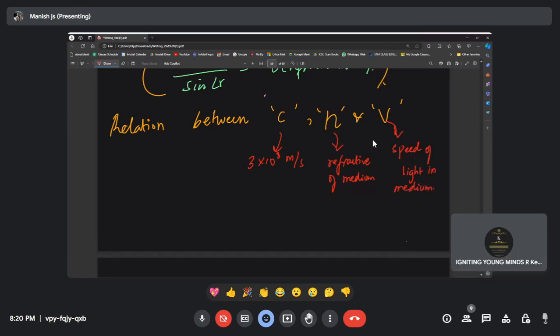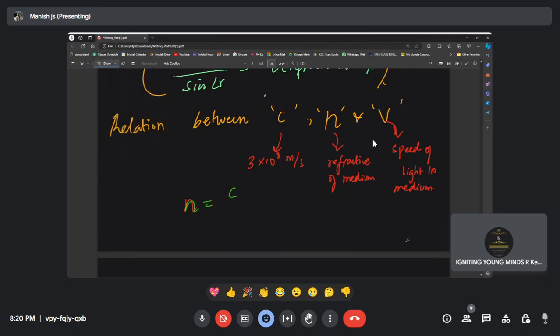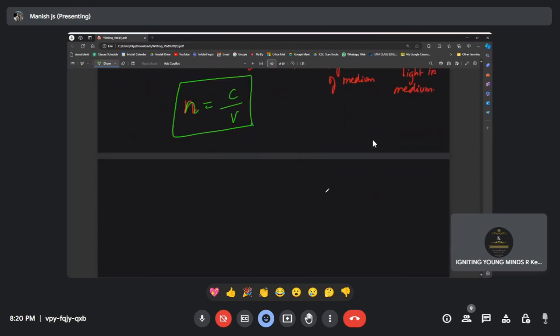So we try to relate these three terms. What is the relation? The relation goes like this. It gives you that n is equal to c upon v. This is the relation. So the ratio of the speed of light in air to the speed of light in any medium is basically the refractive index of the medium. This is very useful for us when we solve questions.